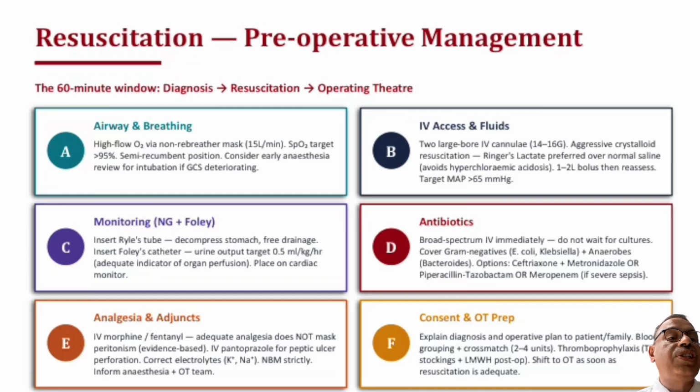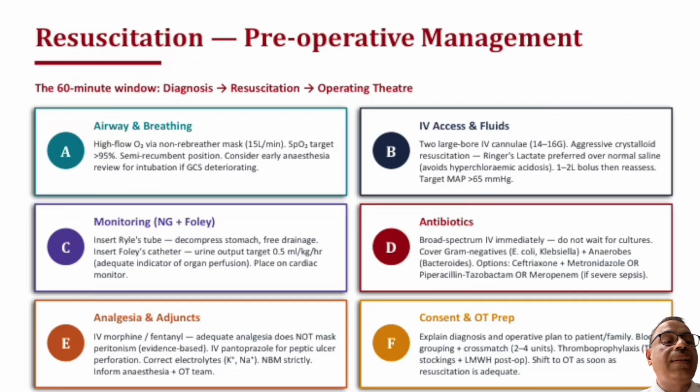Aggressive crystalloid resuscitation initially. Mind you, in older patients, don't be so aggressive, it can lead to fluid overload. So there's a very thin balance between resuscitation and fluid overload, which should be maintained. Ringer's lactate is preferred for crystalloids over normal saline because it avoids hyperchloremic acidosis, and because most of these patients are also in metabolic acidosis.